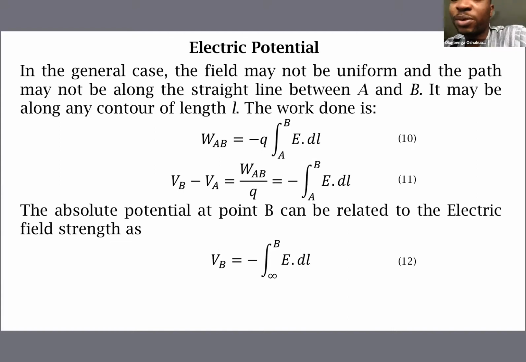When we are talking about absolute potential, we mean that the other point is at infinity, which means the potential of the other point is 0. We should also be mindful of the direction of the force, minus QE, doing the work, if the force of the field is QE.